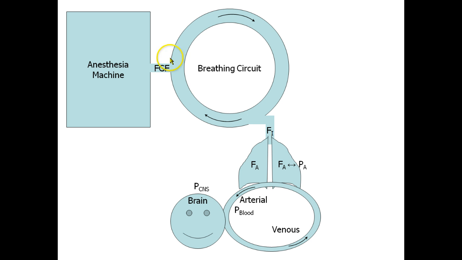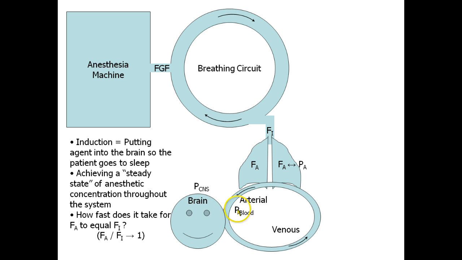And so finally, we have agent leaving the machine, going inspired into the patient's lungs, transferring from their lungs to their blood, and then from their blood to their brain. At equilibrium, all three of these pressures are the same. So induction is putting the agent all the way into the brain so the patient goes to sleep, and we achieve this steady state of anesthetic concentration throughout the whole system.